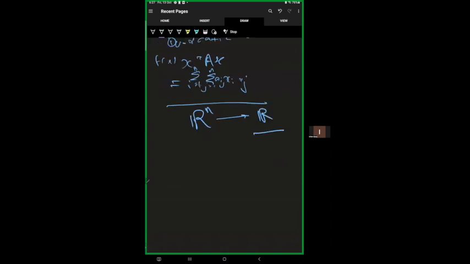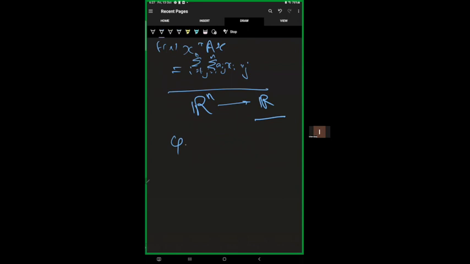Similarly, we define the quadratic bilinear form associated with this as phi(x, y) equals f(x plus y) minus f(x) minus f(y), divided by 2.